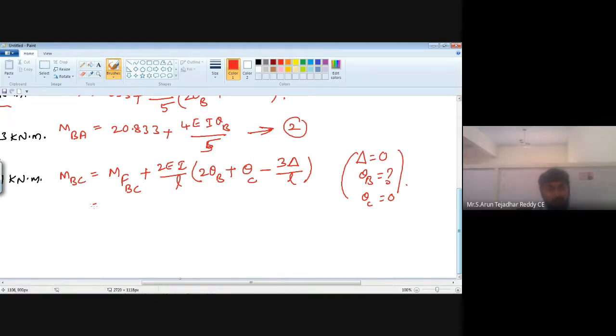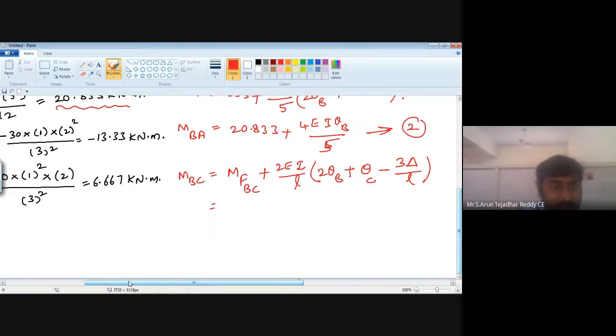Now, what is the value of MFBC? Here MFBC is minus 13.33. So minus 13.33 plus 2EI by L, where L is the span of BC, that is 3 meter. Here theta B is unknown, plus theta C is 0 because it is fixed, minus delta not given, so 0.